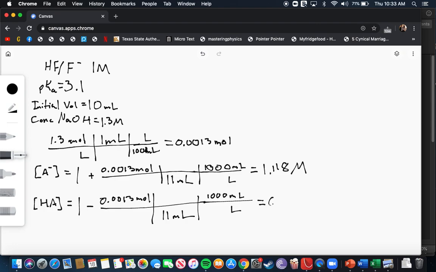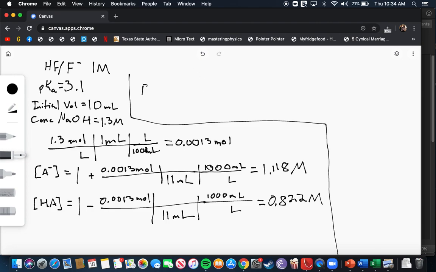We get 0.822 molar. Now that we've done all of that, we can move on to the final step, which is what you actually want to find, the new pH after adding that 1 milliliter of titrant.